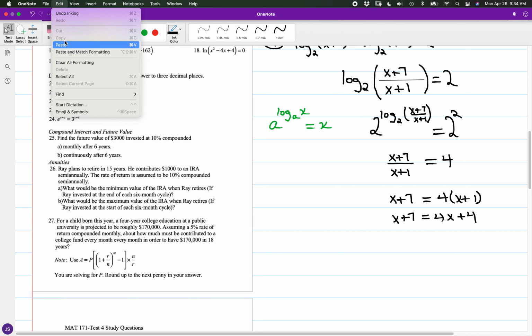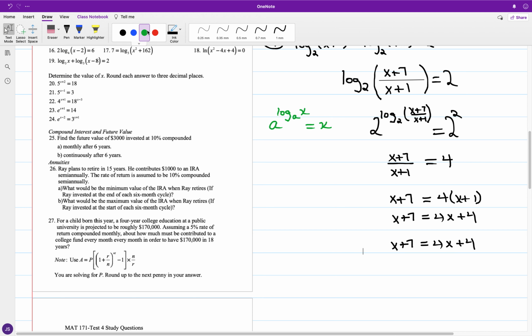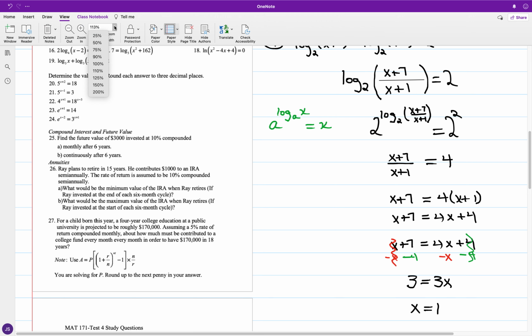For the variable terms, 4x is the higher term, x is the lower, so I'll take away the smaller, which will be x. With the constants, the x terms are on the right, so move the 4 by subtracting. We're going to have 7 minus 4 is 3, and 4x minus x becomes 3x. With division by 3, we have an apparent solution with x equal to 1.